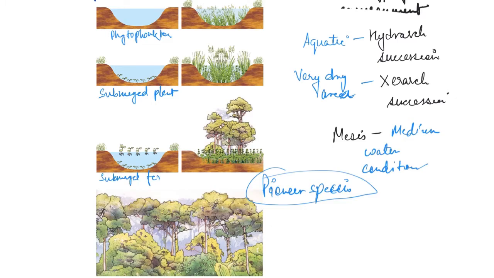So we have some submerged and some free floating, right? Then we get the reed. Now we have the swamp, a lot of plants now, right? So swamp stage, then these grow and they become meadow. So this is the marsh meadow stage. Then comes scrubs. So this is the scrub stage. And ultimately we get the forest community.